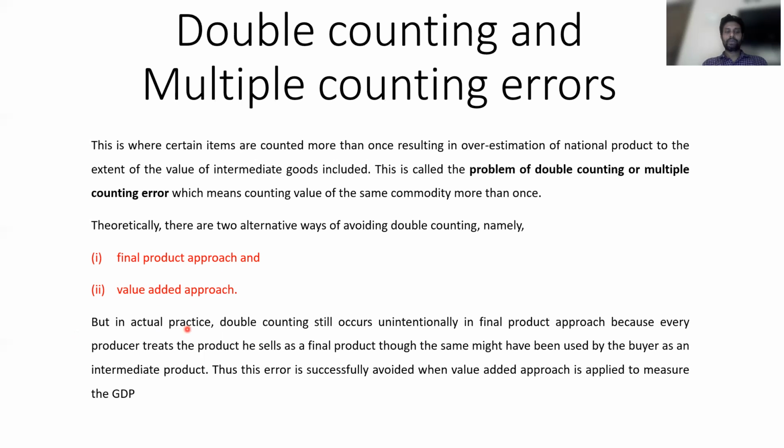In actual practice, double counting occurs unintentionally in the final product approach, because every producer treats the product he sells as a final product, though the same might have been used by the buyer as an intermediate product. Thus, this error is successfully avoided when the value-added approach is applied to measure GDP.